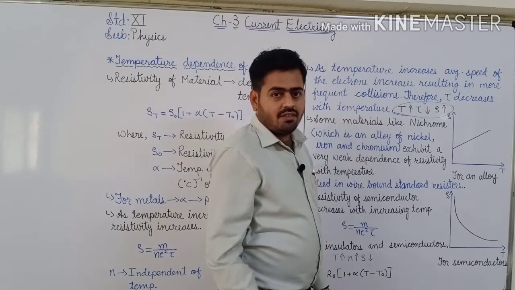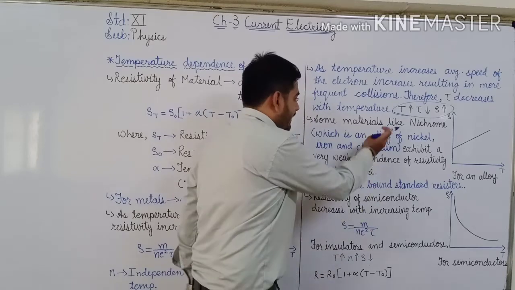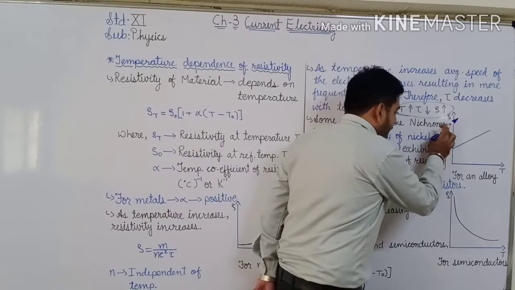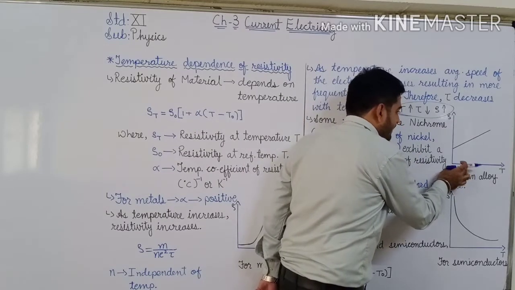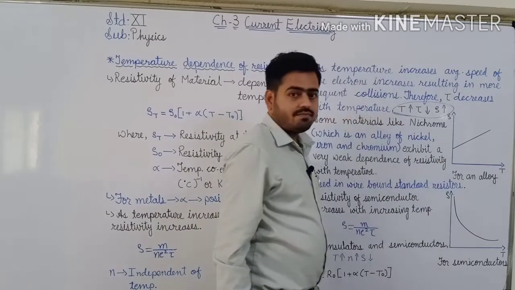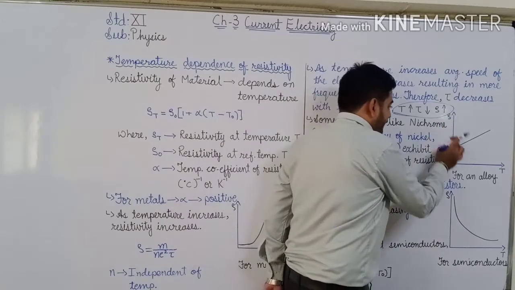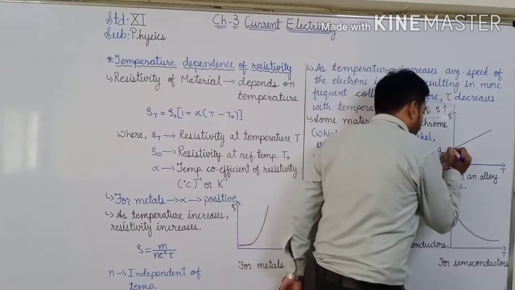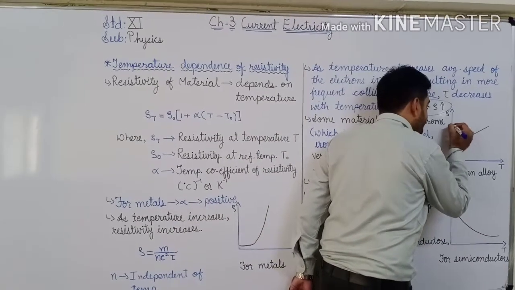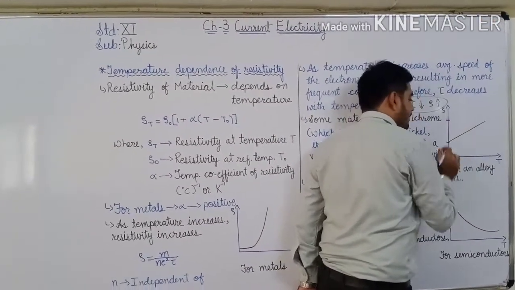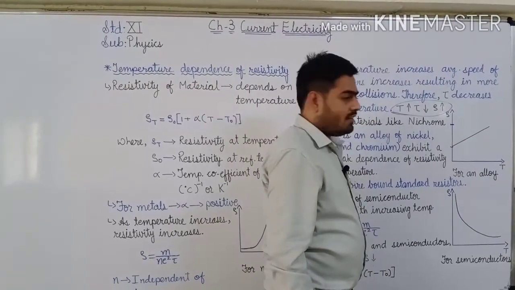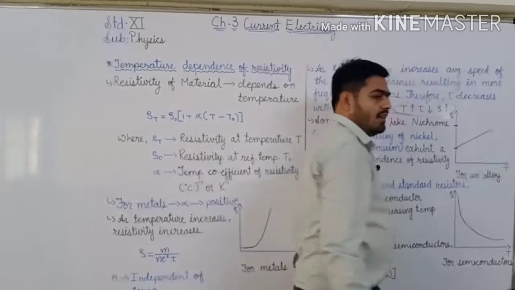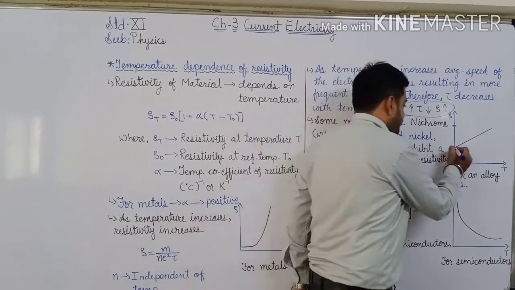If we take constantan or manganese or nichrome, for an alloy, the graph of resistivity versus temperature is like this. This value of resistivity is nearly the same at these 2 points.